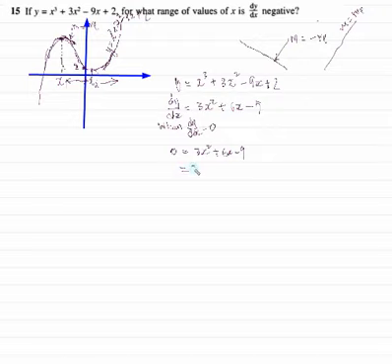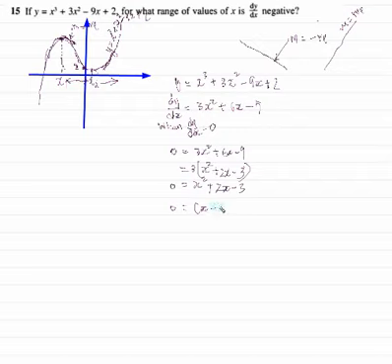Let's take out the common factor. If you take 3 away, this becomes x squared plus 2x minus 3. So the simplified equation is this.